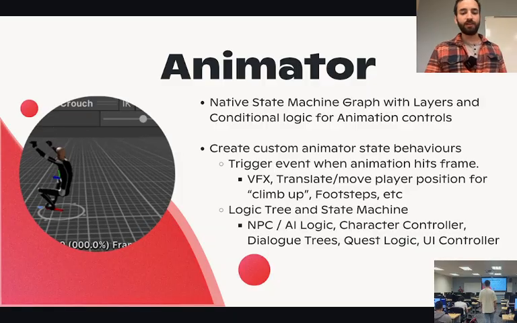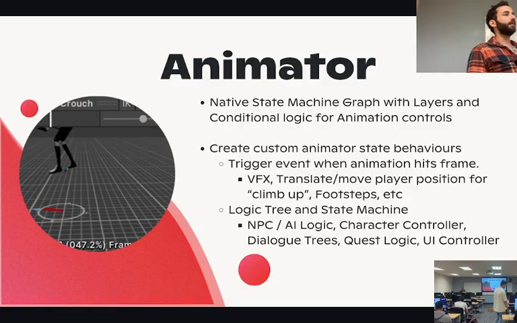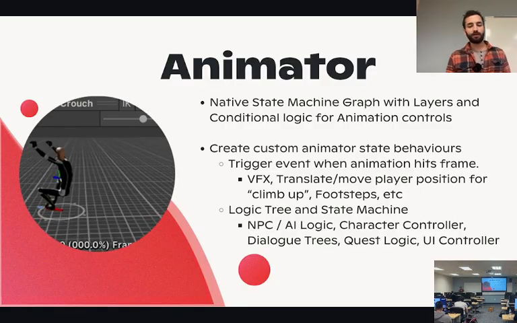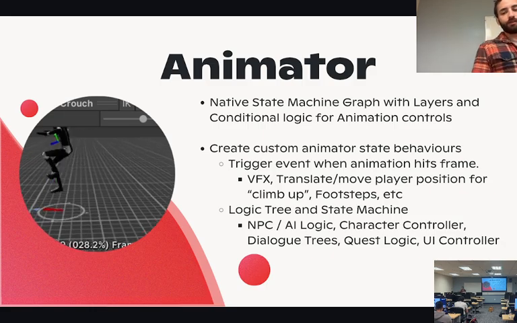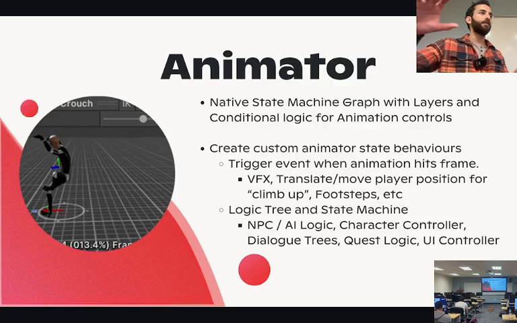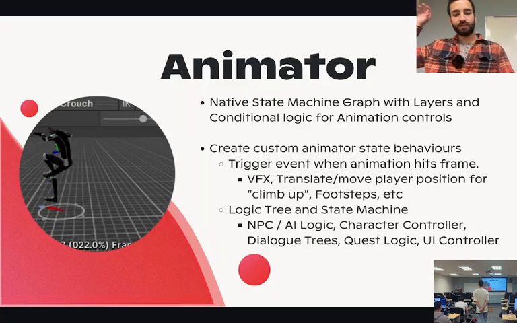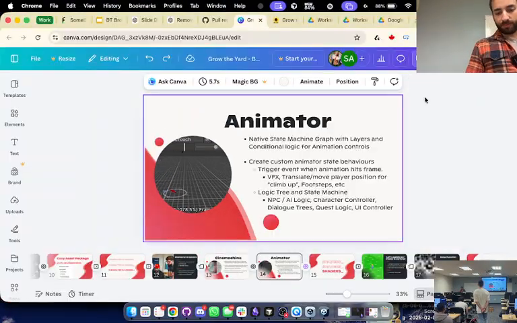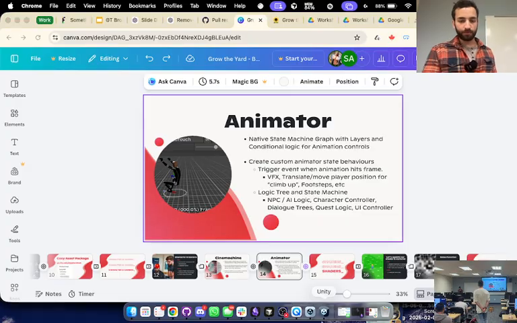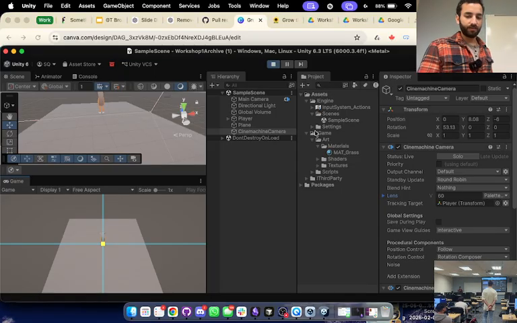So you could do NPC and AI logic. You can do a character controller for running, walking, sprinting. You can do dialogue trees, quest logic, and even a UI controller. Like if you have your main menu, you have links to your options and where you can go from your options at that point.